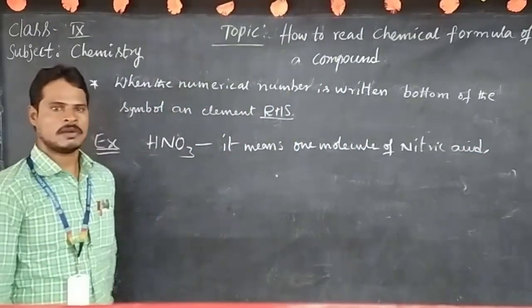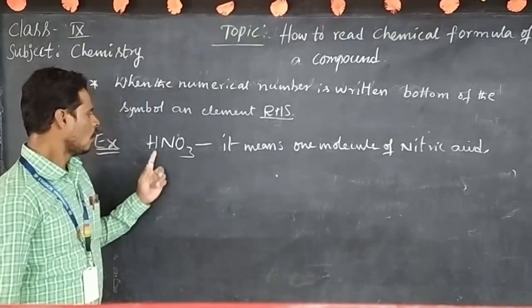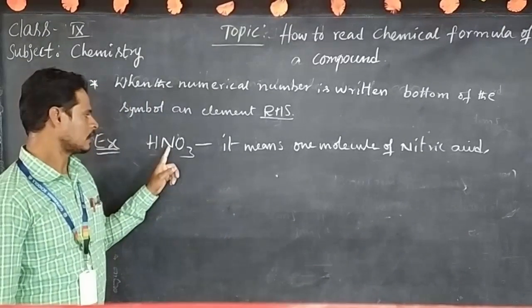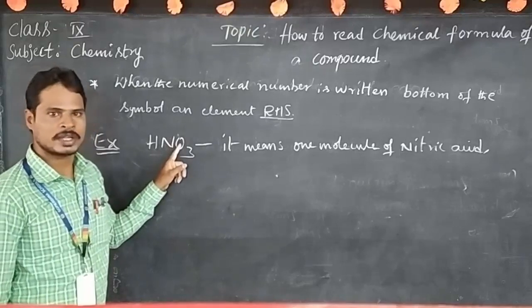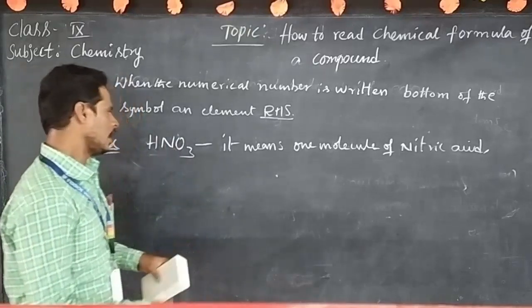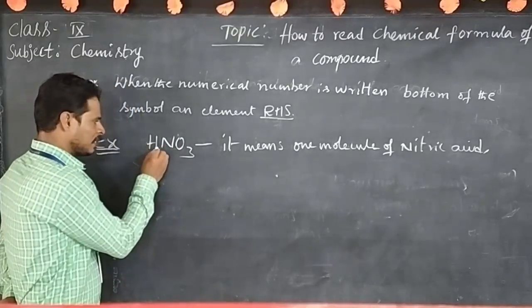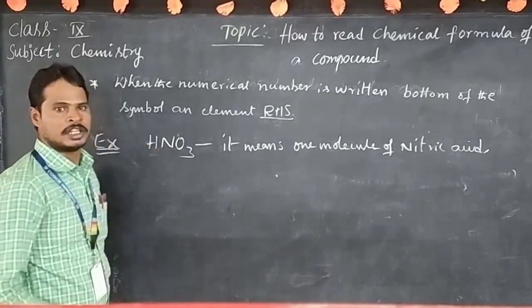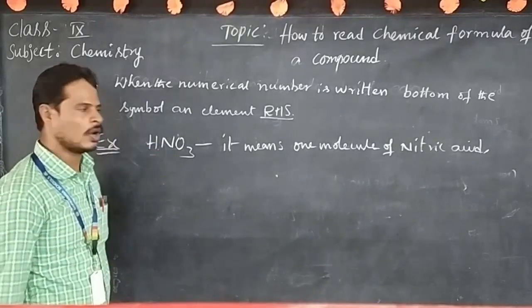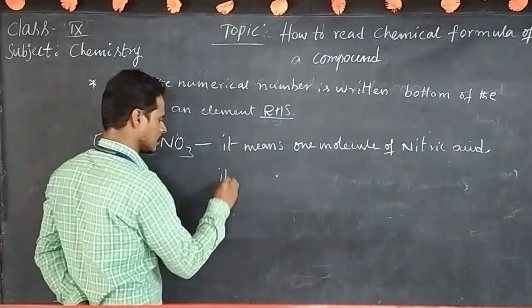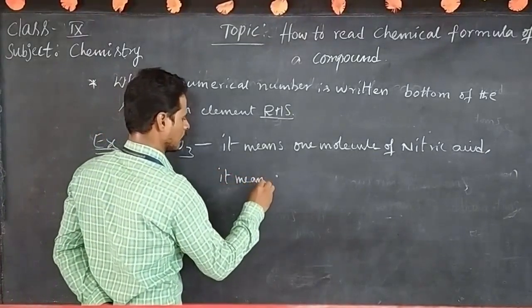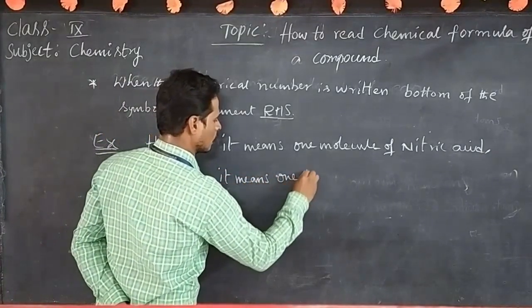Here, 1 molecule of nitric acid contains how many nitrogens and how many oxygens? We can identify. Here observe, beside hydrogen, is any number there? There is no number. That's why we consider it as one hydrogen atom.